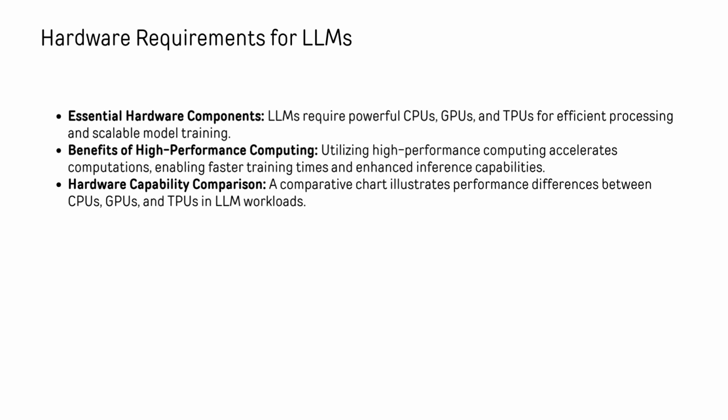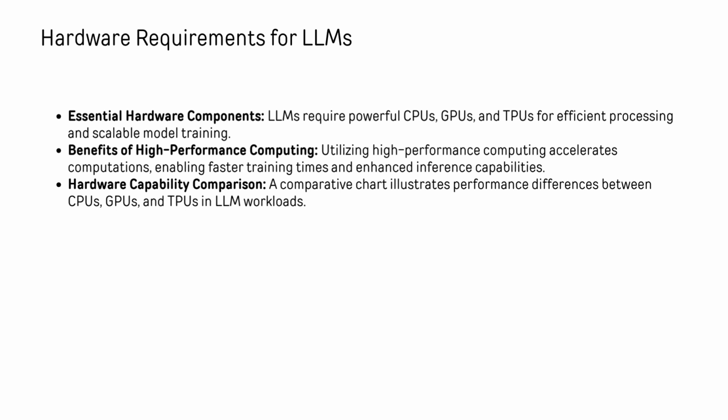Training and deploying large language models effectively requires robust hardware capabilities to handle computational demands. Essential components include CPUs, GPUs, and TPUs, each serving specific roles in the process. CPUs are versatile and ideal for general-purpose computation, but they lack the parallelism required for large-scale training tasks.